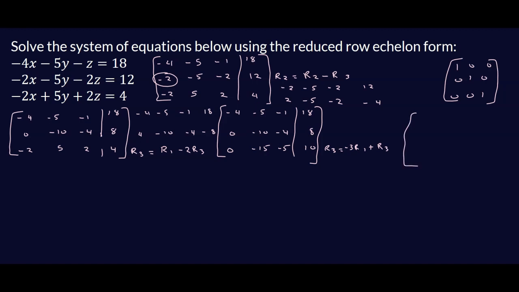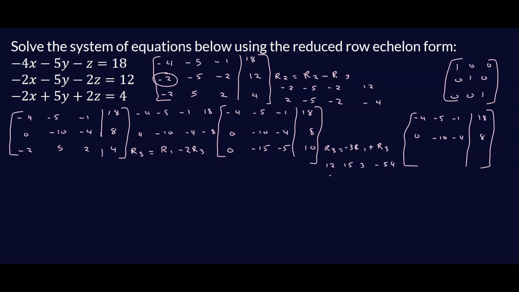So let's plug in our rows 1 and 2. Row 1 is negative 4, negative 5, negative 1, and then we have 18. Then we have 0, negative 10, negative 4, we have 8. So negative 3 row 1 is going to be 12 here, 15, 3, negative 54.